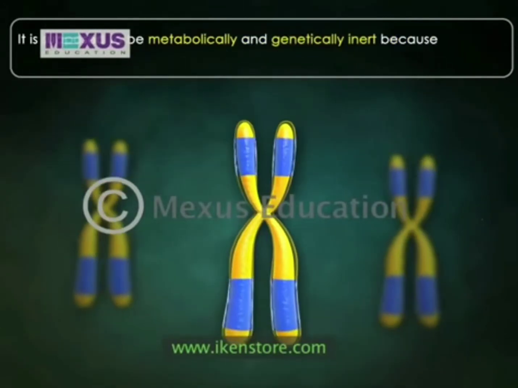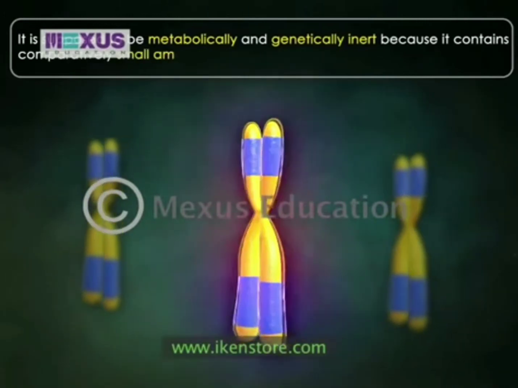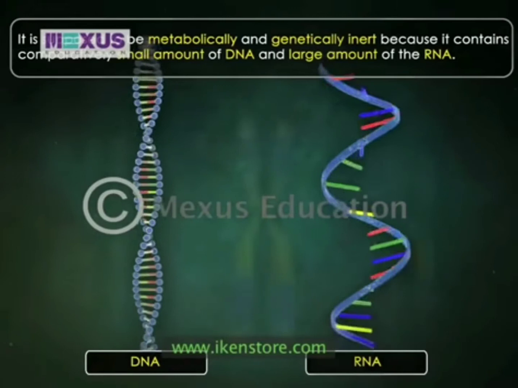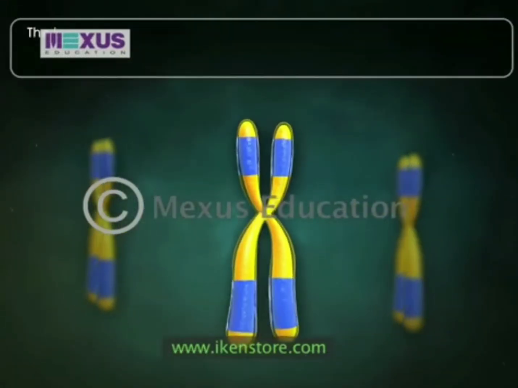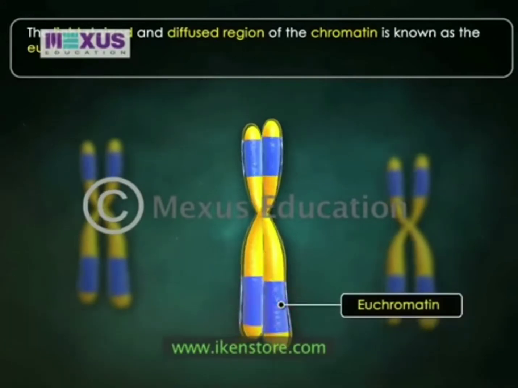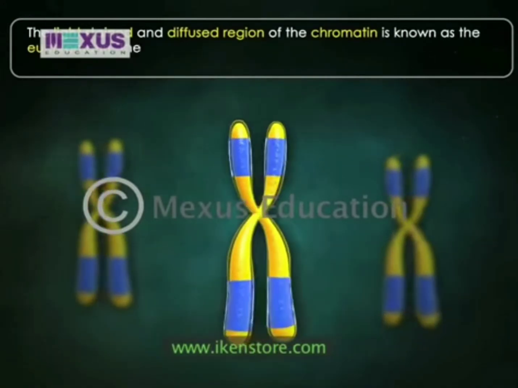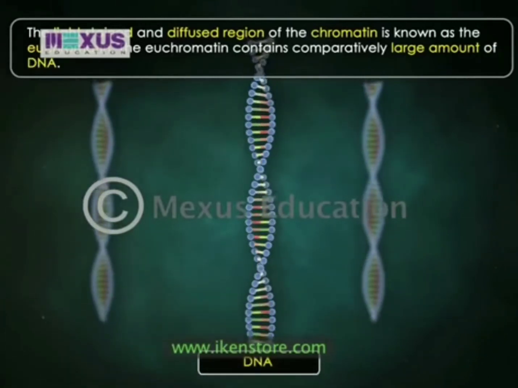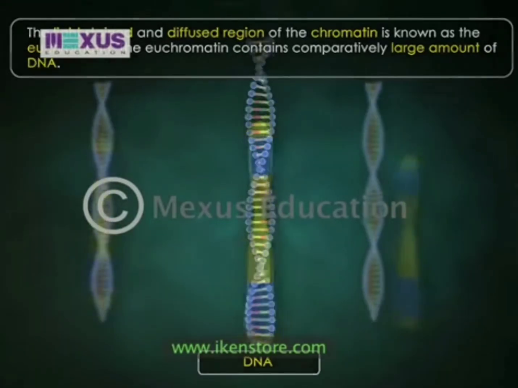The light-stained and diffuse region of the chromatin is known as euchromatin, with comparatively large amounts of DNA. Heterochromatin remains tightly coiled during interphase, while euchromatin remains loosely coiled, forming a network.